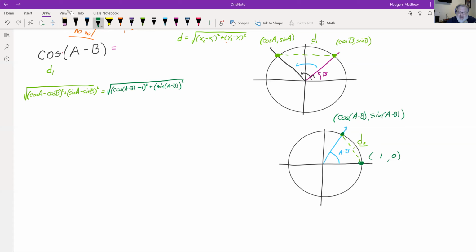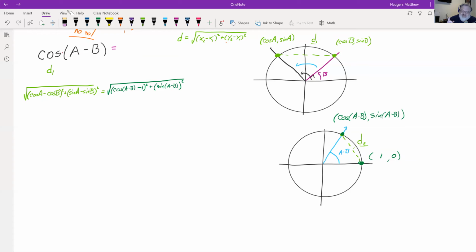The right side is an argument in terms of the sine and cosine of A minus B. The left side is the cosines and sines of A and B separately. So this is going to build us towards an argument that will allow us to rewrite this cosine of A minus B as some expression in terms of sine and cosine of A and B separately. And that's the goal of this tool.